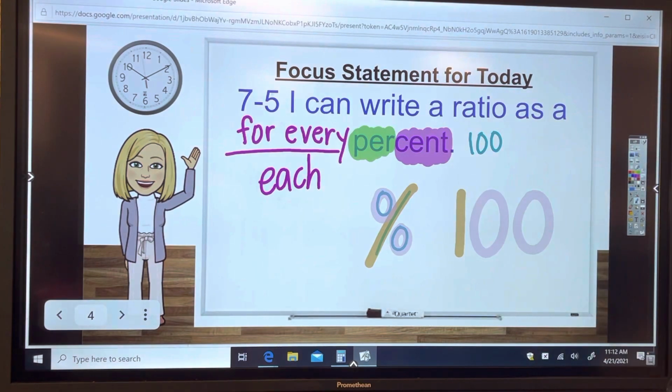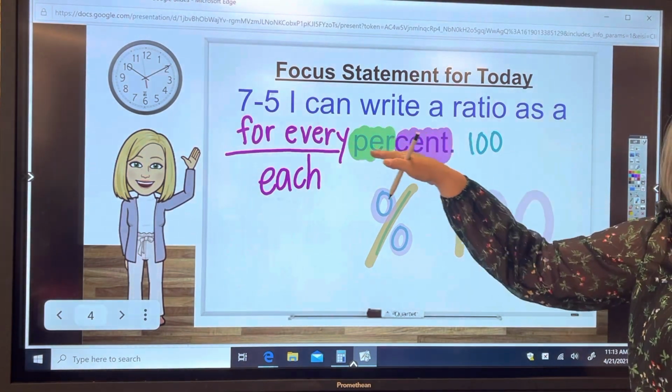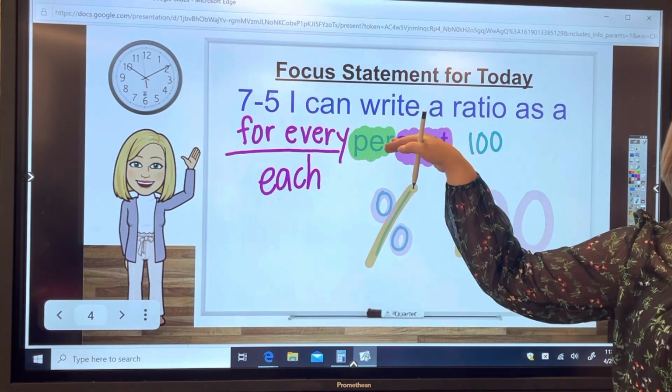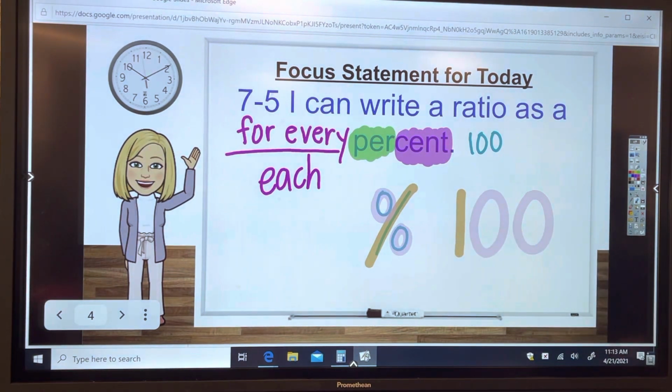So our percent sign makes the number 100. So if that helps you remember that percent means per 100 or for every 100, use that. If you're an ELA person and you like to dissect words, maybe this is how you can remember it. Or maybe you're a symbols type person, a math type person, and that's how you want to remember it. It doesn't matter as long as you remember it's per 100.